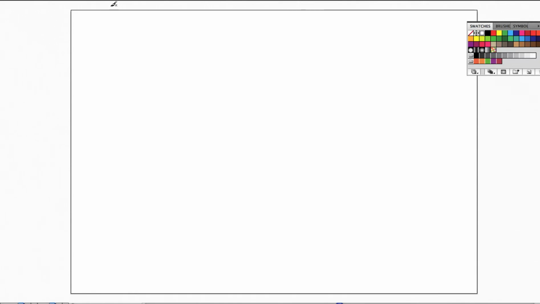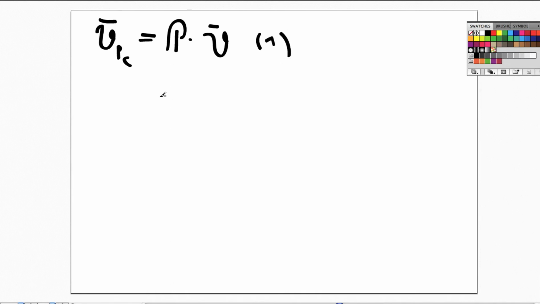Let's express that. We have VPC, which is expressed in terms of the projection operator PC that operates on the true three-dimensional vector V. Let's call this equation number 1. If we had only this information available, because the inverse of the projection operator doesn't exist, we are not able to derive the true three-dimensional vector.